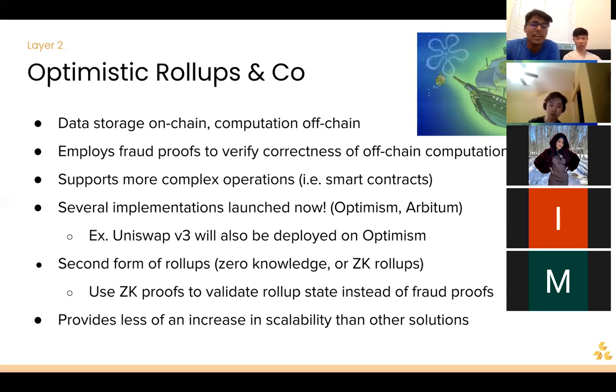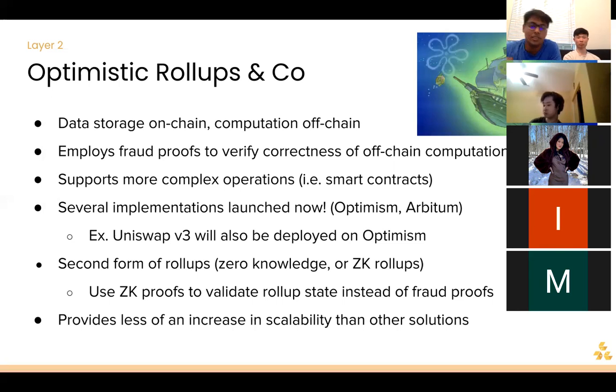And so these rollups offer a fair deal of scalability, often 300 to 400 times in terms of gas costs, which is pretty awesome. So you're able to handle many more transactions, a much larger transaction load, on layer 2.